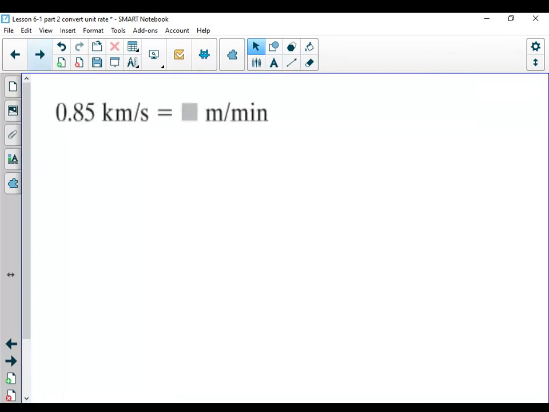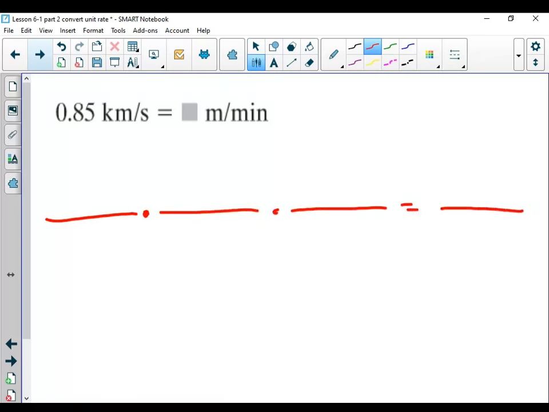Number 4, I'm speeding up a bit. Press pause when I start going too fast. Just setting up the problem over here.